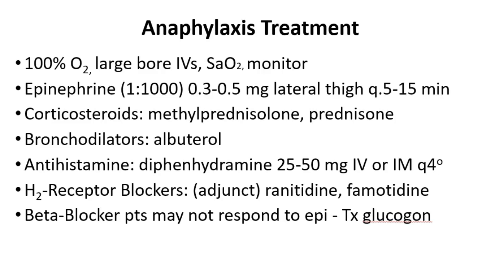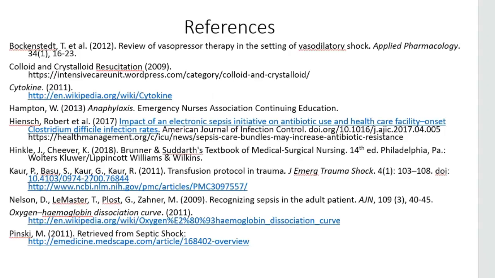So remember, the best care for anaphylaxis is prevention. Teach your patient to have medical alert bracelets, avoid their triggers, and definitely keep their epi at hand at all times. The sooner they get the epi, the better off they'll be. All right, guys, so this is the end of our presentation in total on shock. Thank you very much.